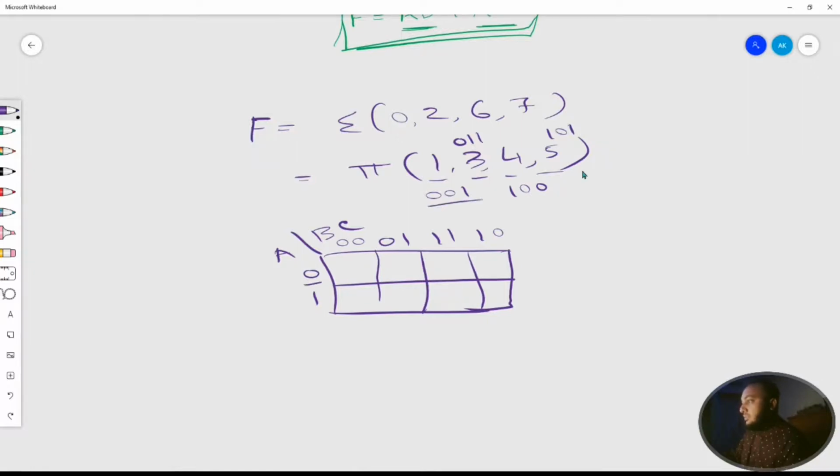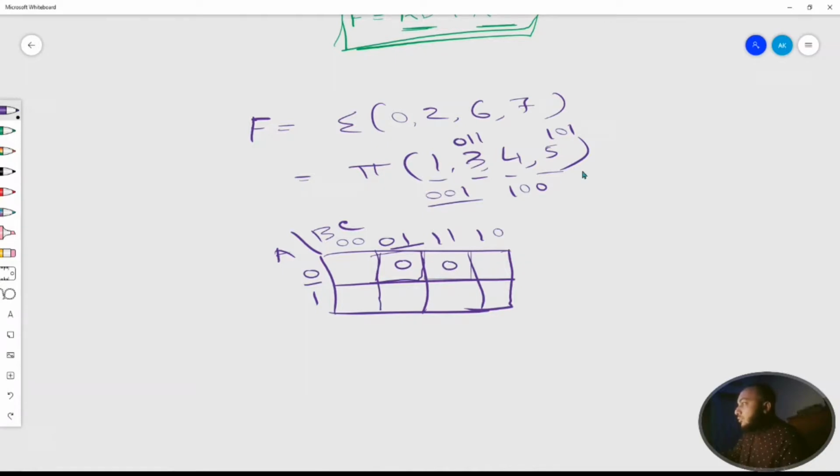In 0 0 1 we will put 0 because 0 0 1 is representing the first row, the second column, and this indicates this box. Similarly, 0 1 1 represents this box, so we will put 0 here.